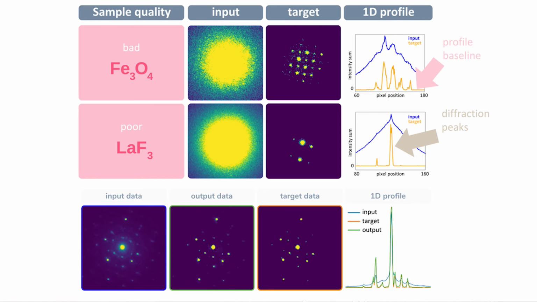And in the lower row, there is the actual example, the output. So this is, I think, gold nanoparticles. This is not the most challenging case, but even here, we can see that there is an improvement. Input data is the original data.